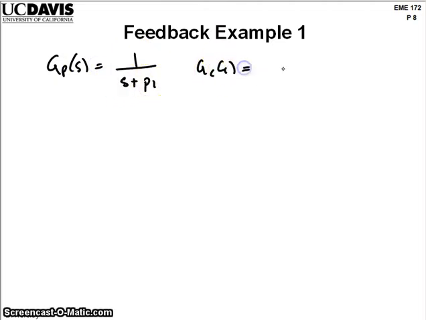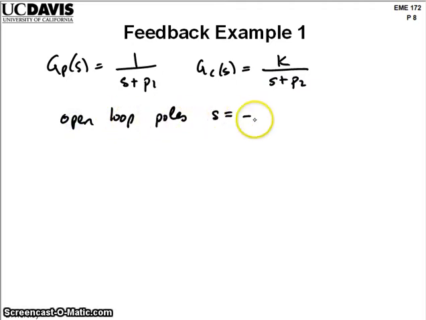The first example: let's suppose I have a first order plant and a first order controller. This is a little bit messy here. We have open loop poles at S equals minus P1 and minus P2, and K represents some gain that I can vary in the controller.